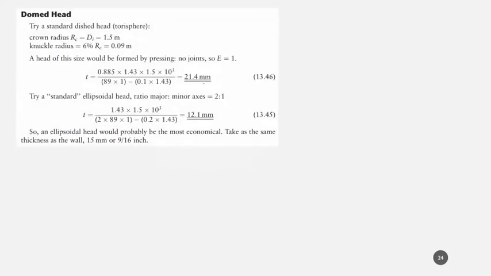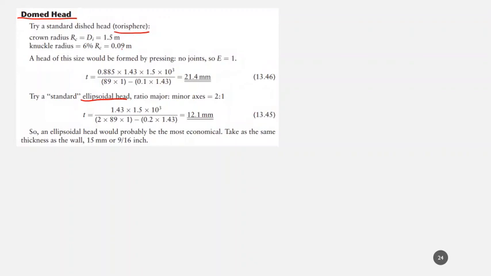Since we have a few types of head, we may try to define all the thicknesses. Okay, we start with the dome head. Try to apply the spherical here and also the ellipsoidal here. So basically, how can we select this? You may also refer to the design pressure.